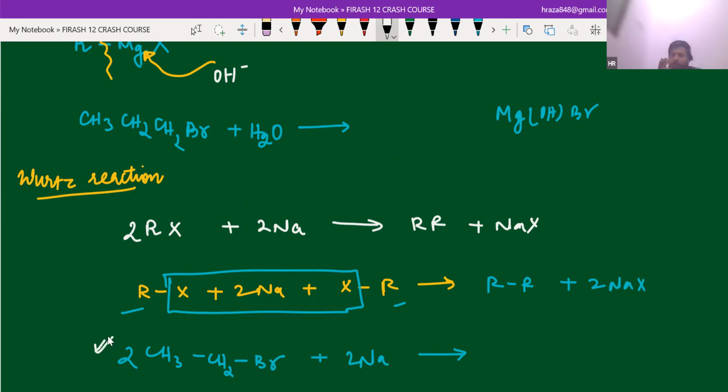Basically, whatever is the number of carbons in your reactant, that will be doubled in the product.